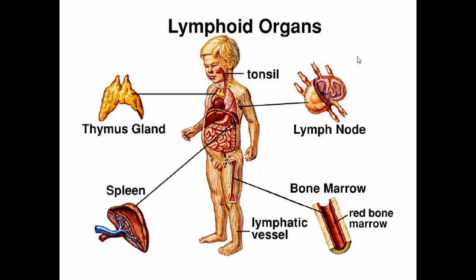The main lymphoid organs, which are filled with lymph tissue, are the tonsils, lymph nodes, spleen, and thymus gland. These are all tissues filled with lymph tissue, where there are lots of lymph nodes that help in this process.